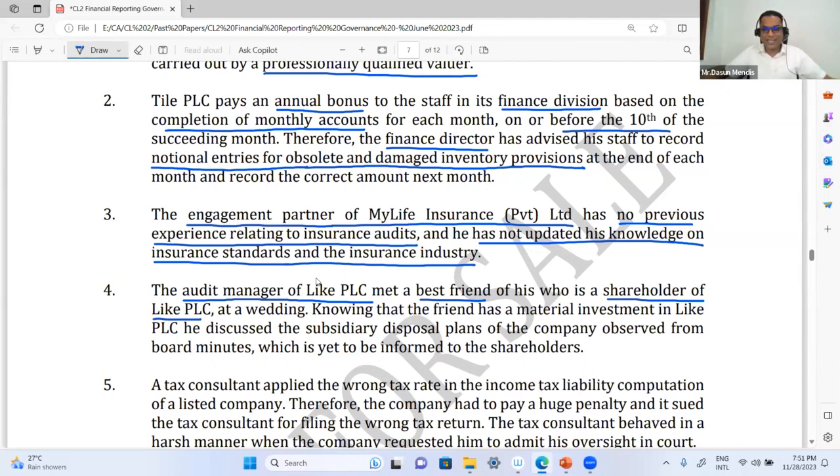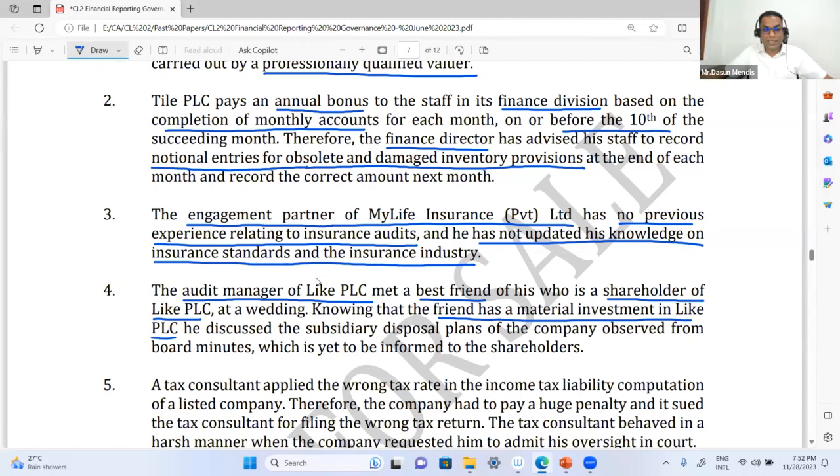Say some friend is there, he's a shareholder of Live PLC, and you are the audit manager of Live PLC, right? And you met him at a wedding, a private function, right? Knowing that the friend has a material investment in Live PLC. Now, as the audit manager, you know that your friend has a material investment in shares of Live PLC.